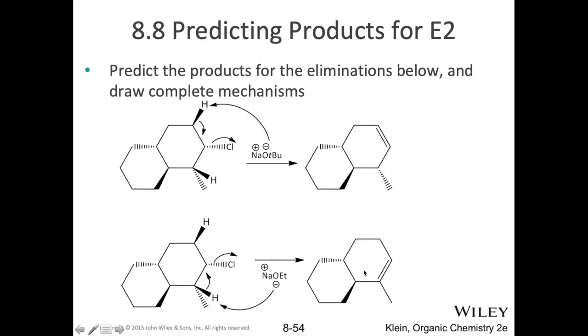This one's the thermodynamic product, the Zaitsev product. But instead here, notice that it's easier to access that proton because there isn't a methyl group providing a little bit of steric hindrance. So notice our bulky tert-butoxide prefers to take this one, even though you get the less stable product. It's just easier to form, even though it winds up being less stable.